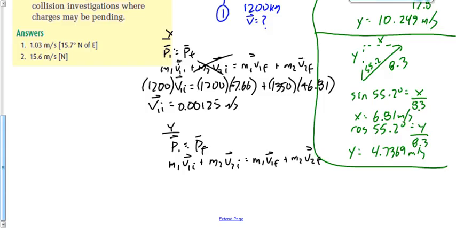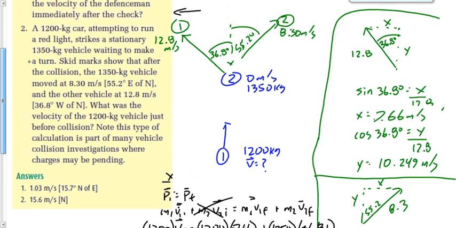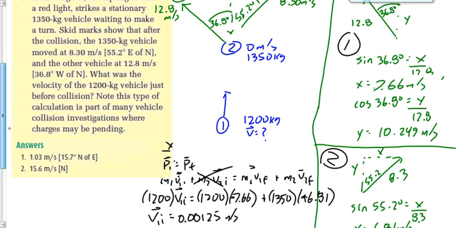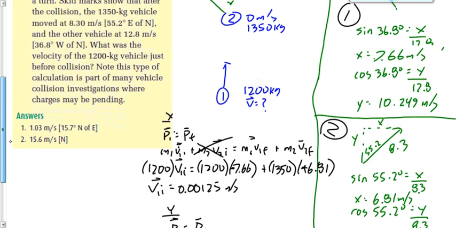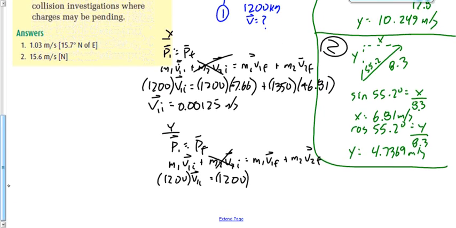All right, M1 is 1200 times V1I plus 0 because the second car is at rest again. This was object number 1, right? And this was object number 2. So object number 1 has a y velocity of 10.249.